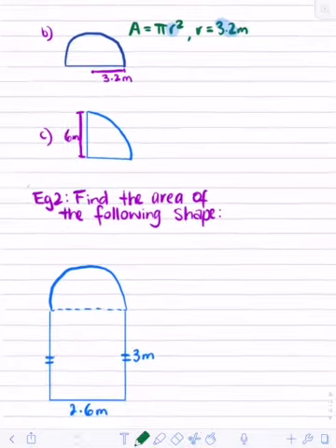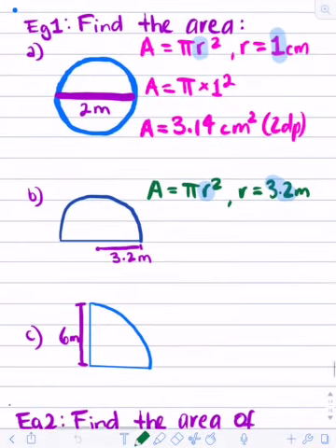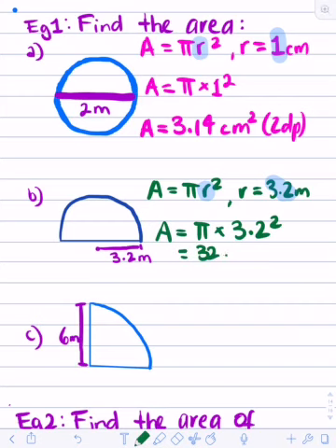And so we're going to have area equals pi times 3.2 squared. Chucking that in the calculator, we have pi times 3.2 squared equals 32.17 meters squared to 2 dp.